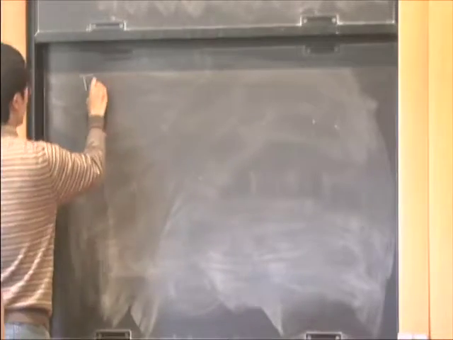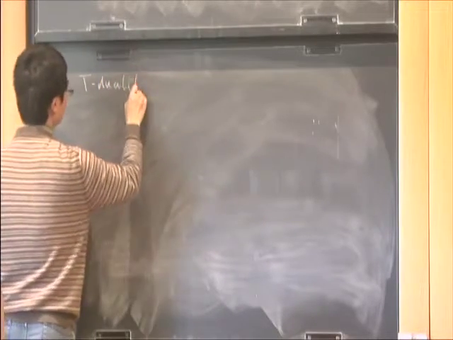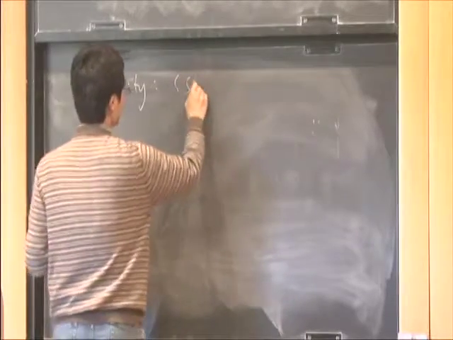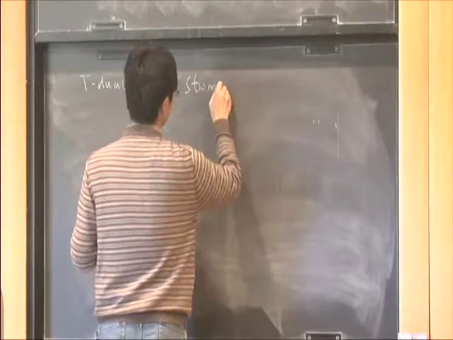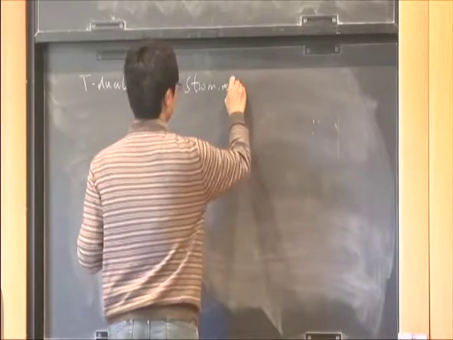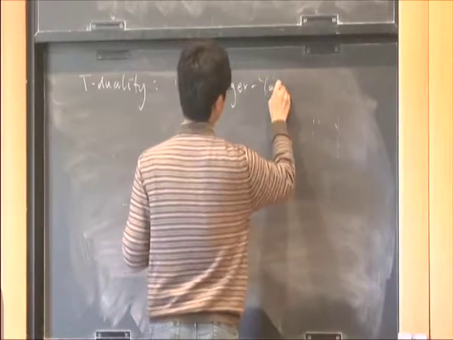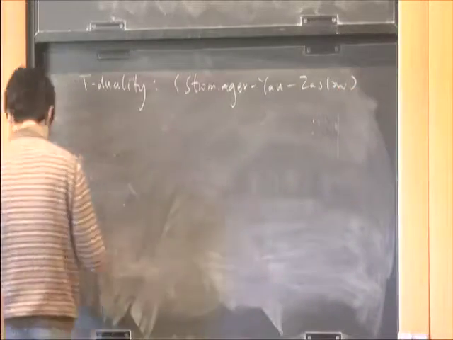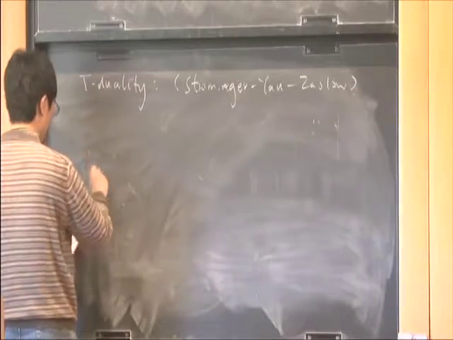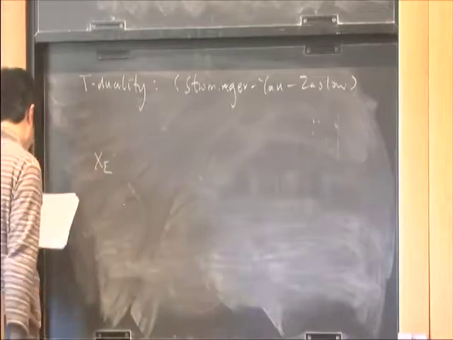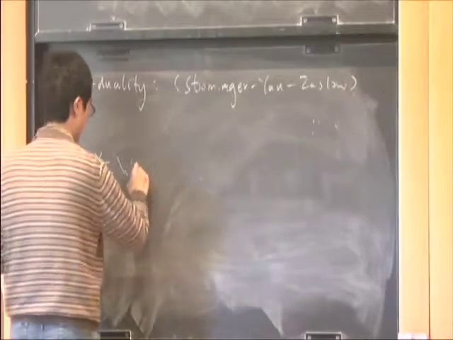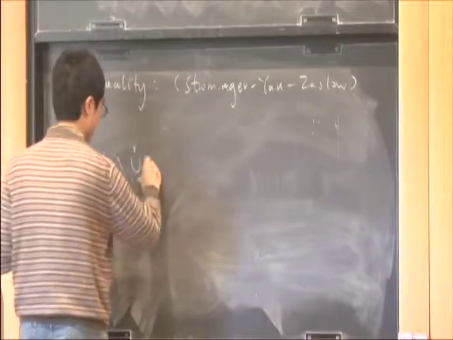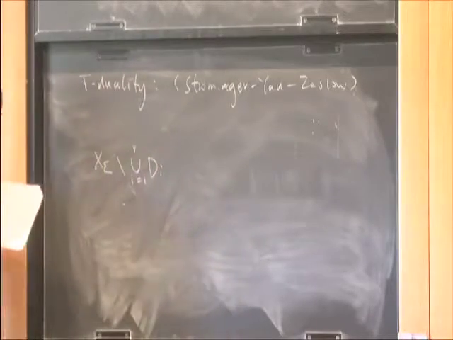Okay, now is T-duality. The T-duality was once proposed by Strominger, Yau and Zaslow, but I will simply talk about this very specialized version that we use. First, I delete an anti-canonical divisor.